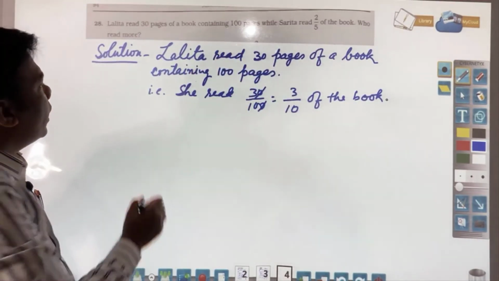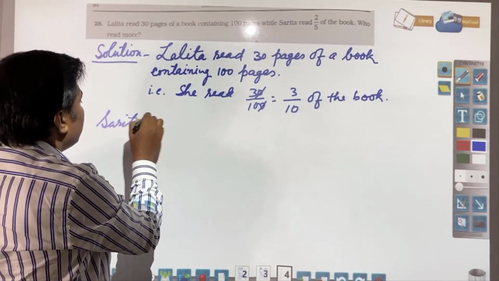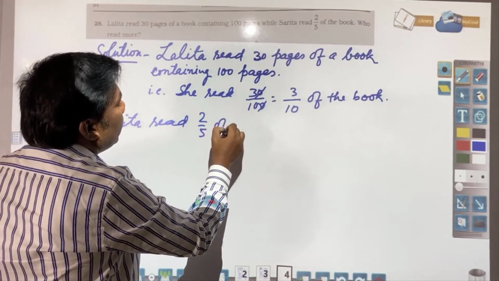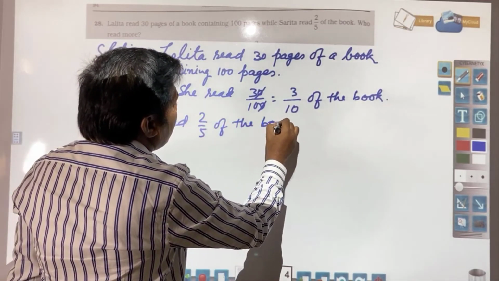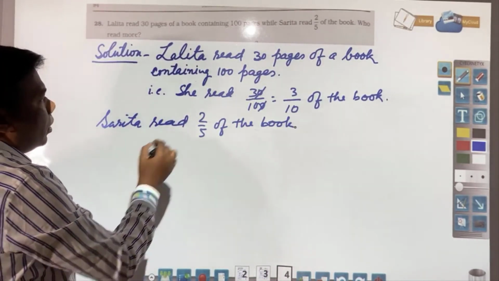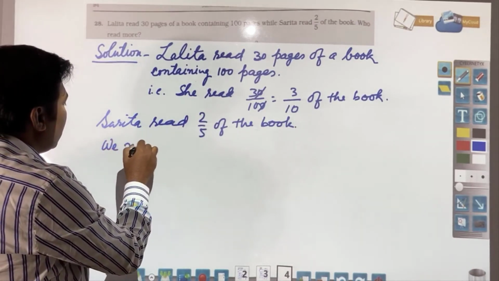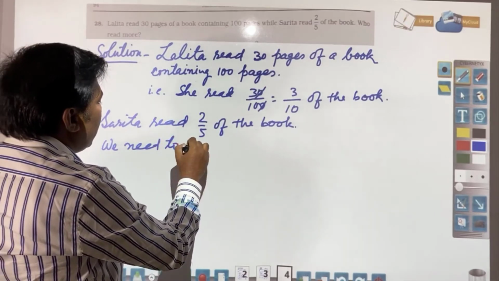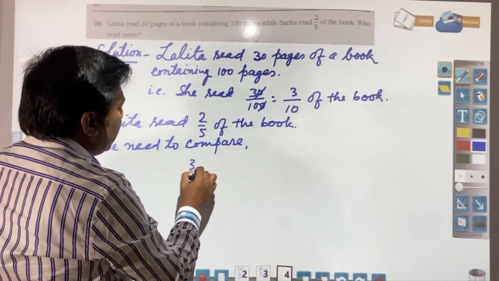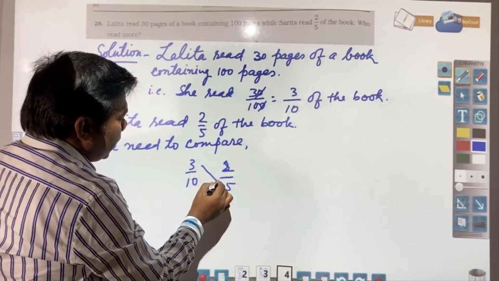Now Sarita read 2 by 5 of the book. So who read more? Now you need to compare 3 by 10 and 2 by 5. So cross multiplication is required.